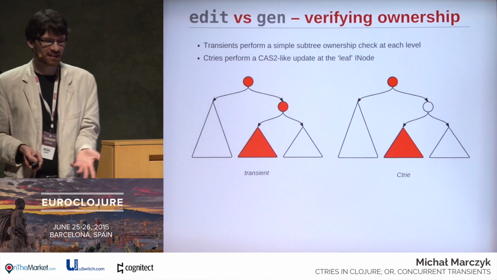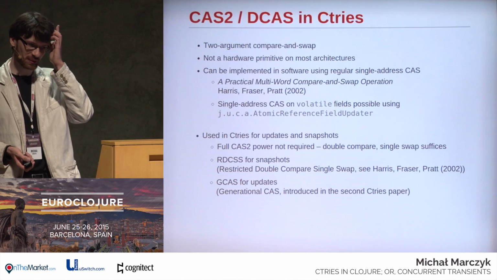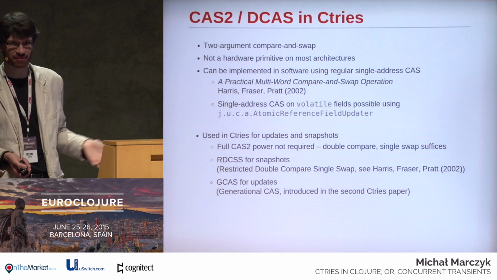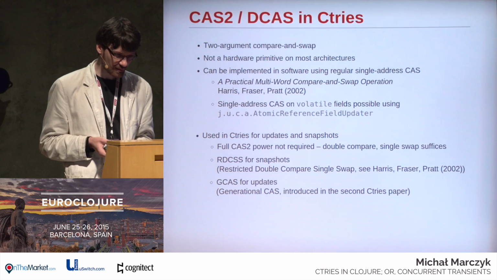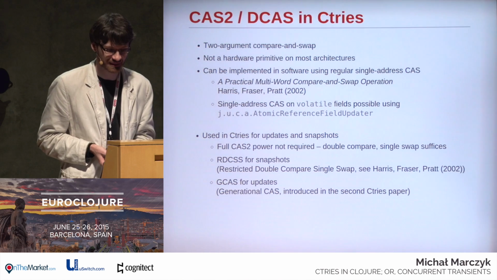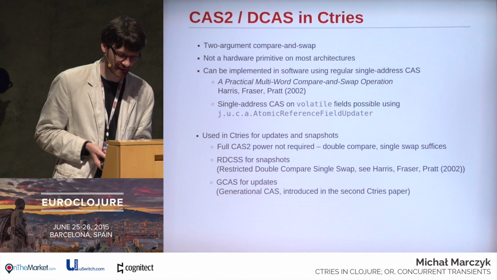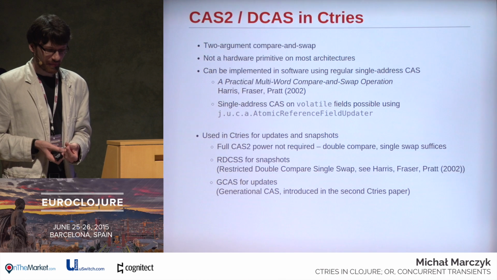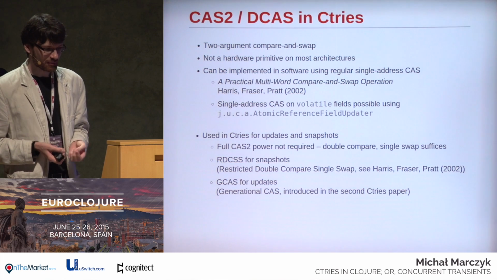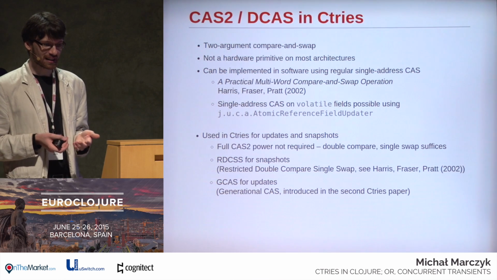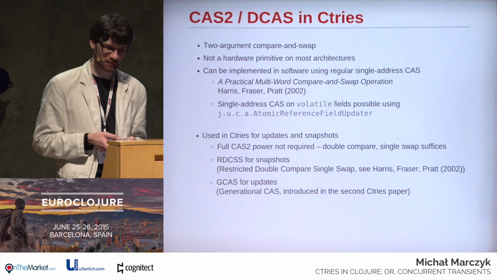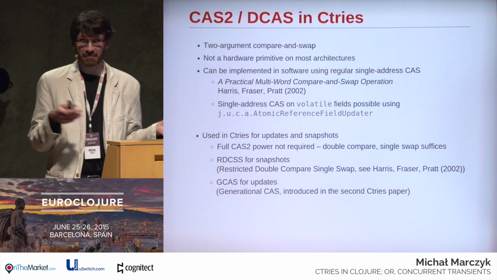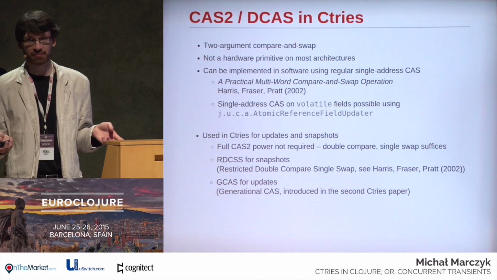Okay, so for this to work, we need a cas2 operation. That's two-argument concurrent swap. And as I said, it's not a hardware primitive on most architectures today. But it turns out that it's actually possible to implement it in software using regular single-address concurrent swap operations. There are many schemes for doing that.